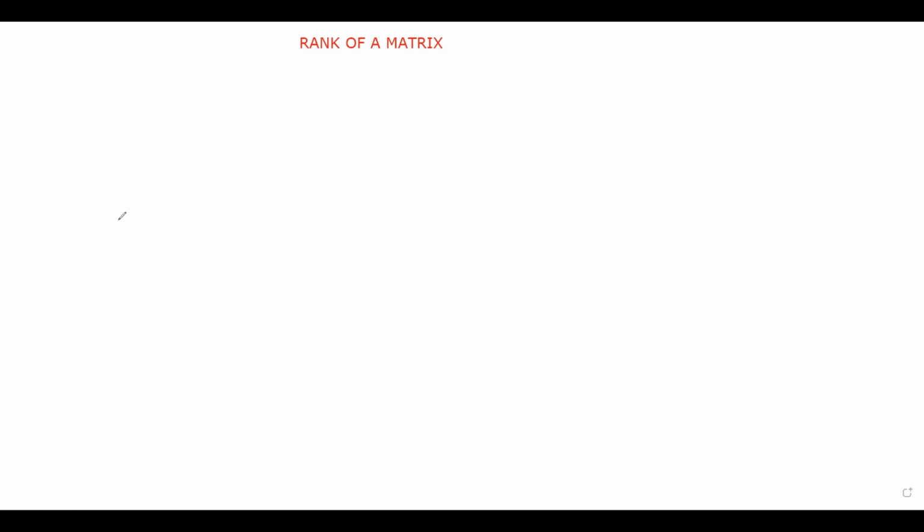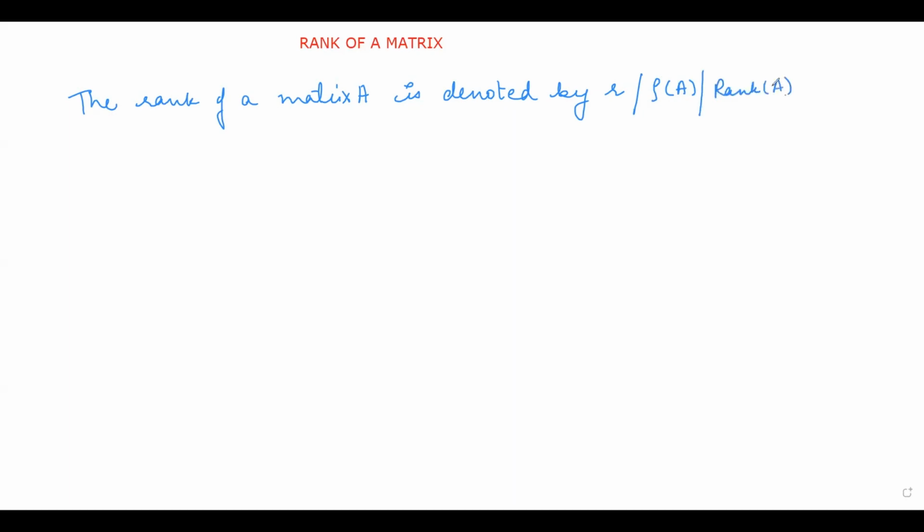So let me just write: the rank of a matrix A is defined as, and is denoted by R, or we have rho, the rank of A. So these are the different notations that you could see, or it would be R of A. So these are the different notations that we have for a rank of a matrix.